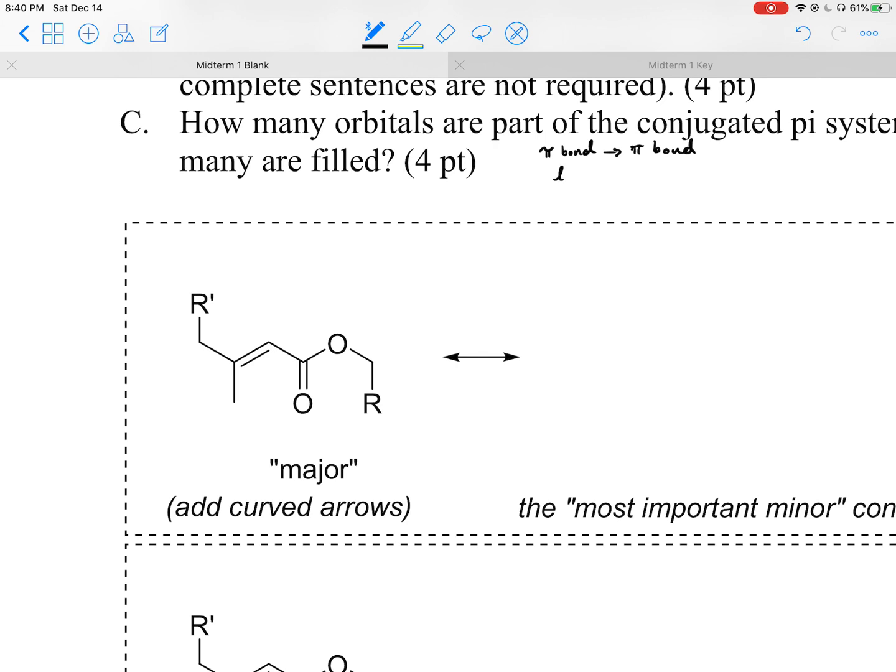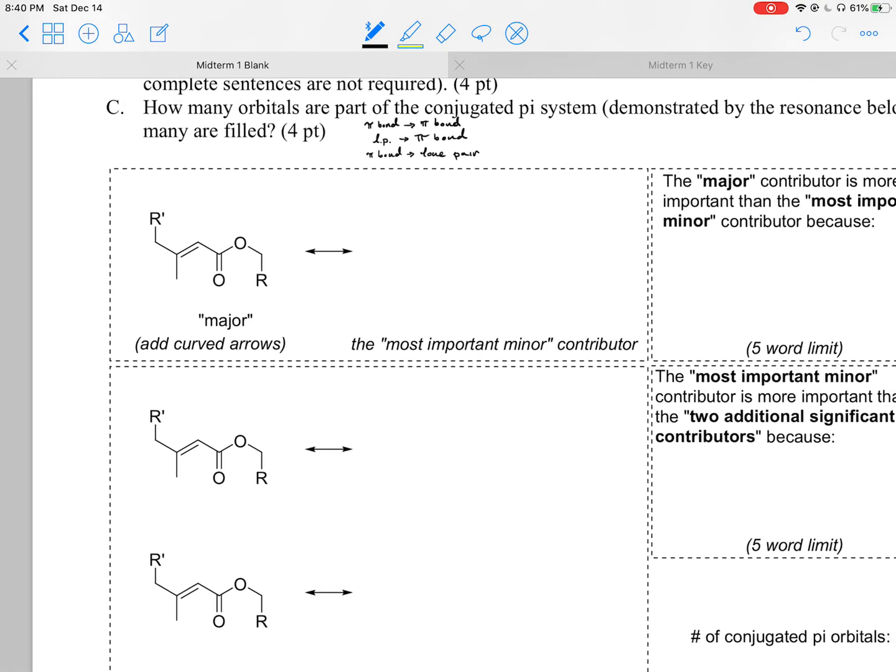We can go from lone pair to pi bond, obviously right next to the lone pair. You have to draw the pi bond because it's that p orbital that's contributing to this resonance. And then we can go from pi bond to lone pair. Again, it has to be right next to it. We can't go from lone pair to lone pair. That doesn't even make sense. You're just going between molecules that just, yeah, that's not resonance.